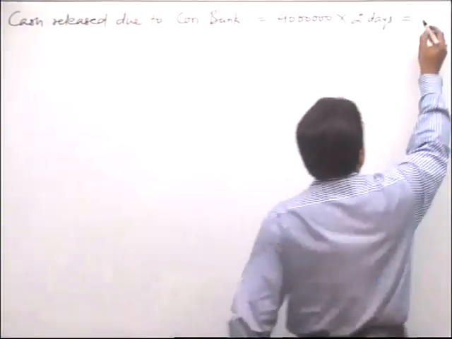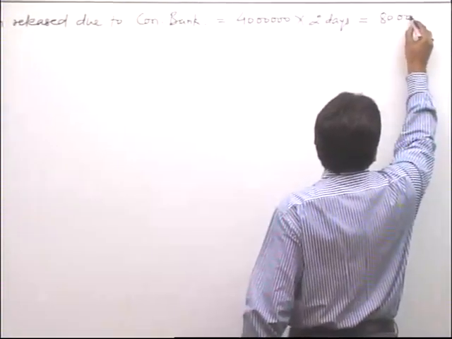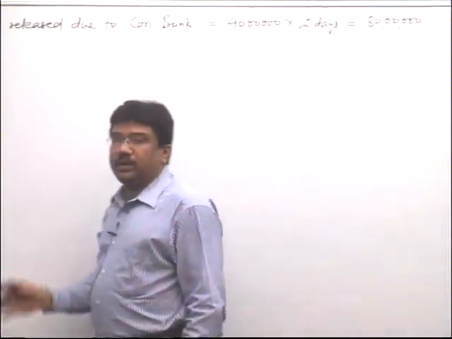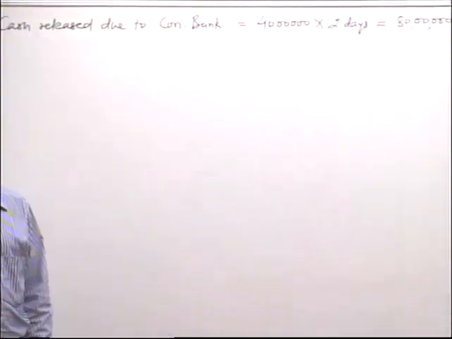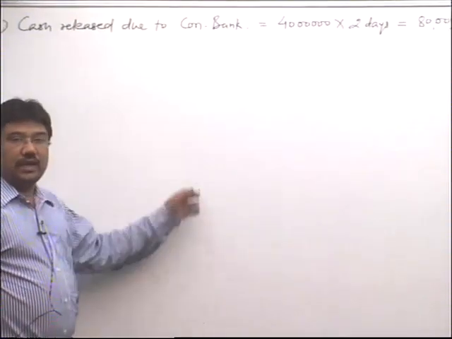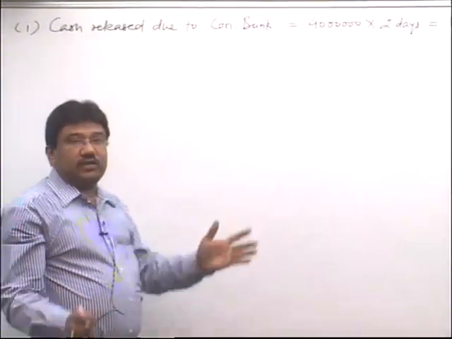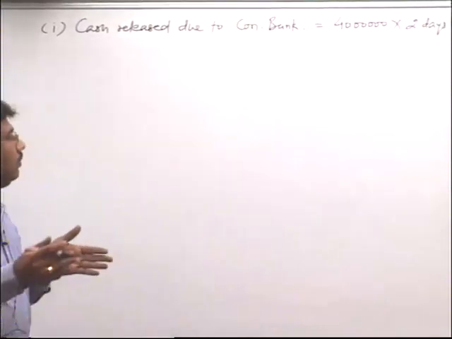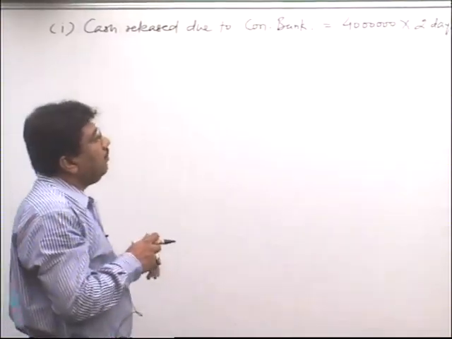So it will be rupees 80 lakhs. It means 80 lakhs of rupees we will receive earlier, not more. Just like the last sum, these 80 lakhs which are right now tied up in the collection float will be received by us earlier by 2 days.